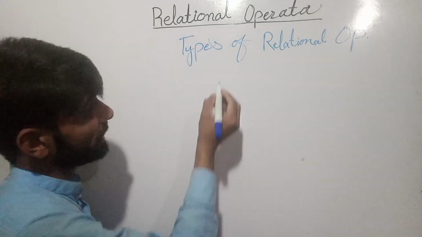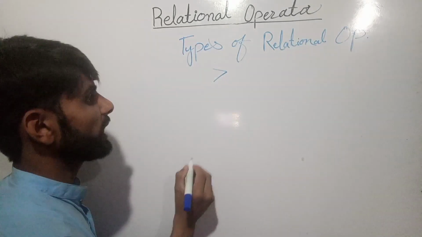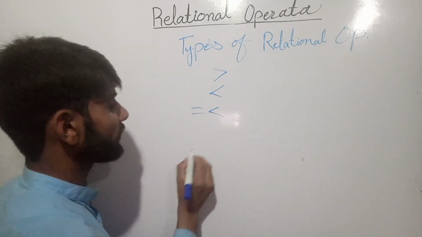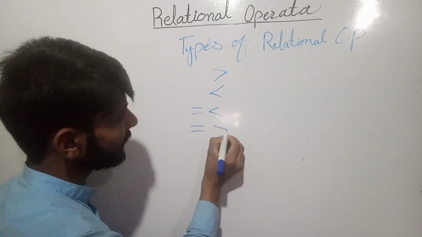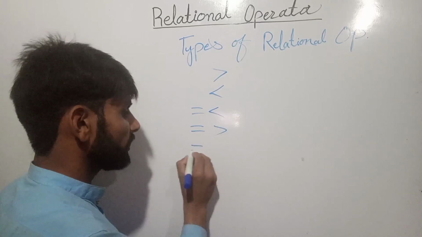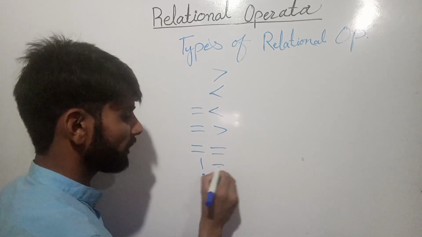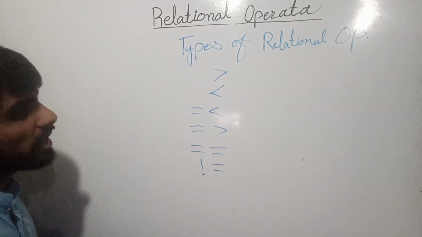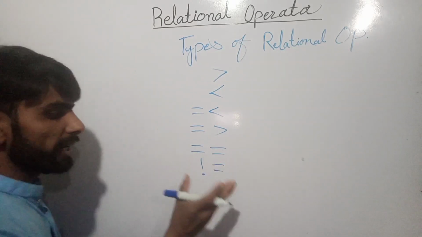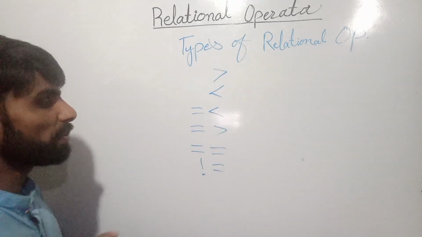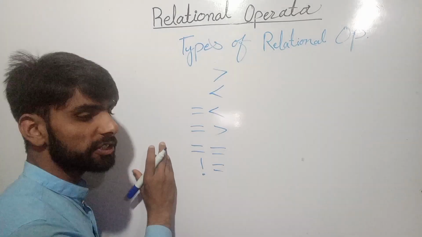Types of relational operators. First is the greater than operator, then the less than operator, the less than or equal to operator, the greater than or equal to operator, the equal to operator, and the not equal to operator. So these are the types of relational operators that are used in the C language. These operators are always used between two operands and decide whether the condition is true or not.